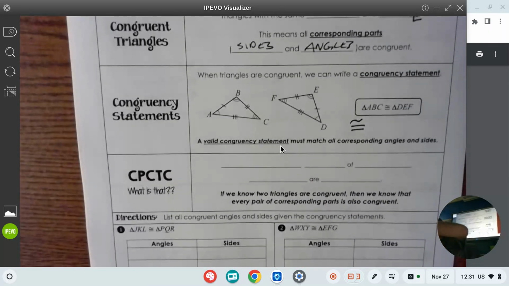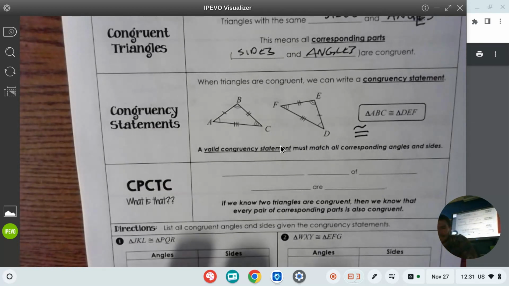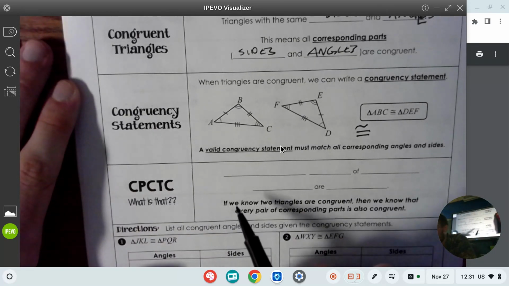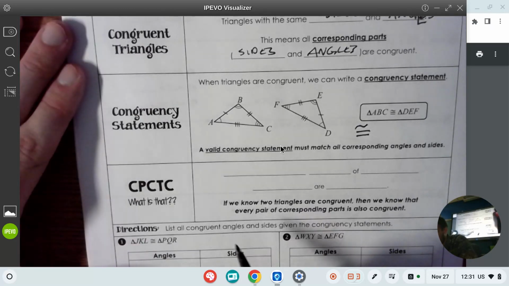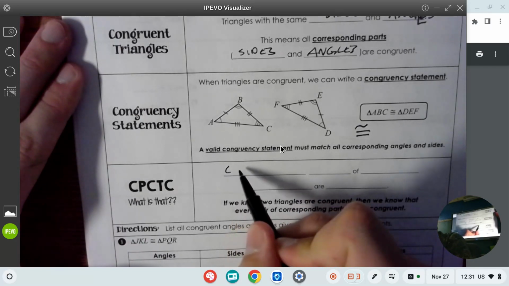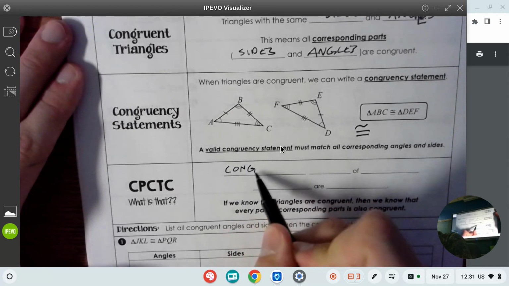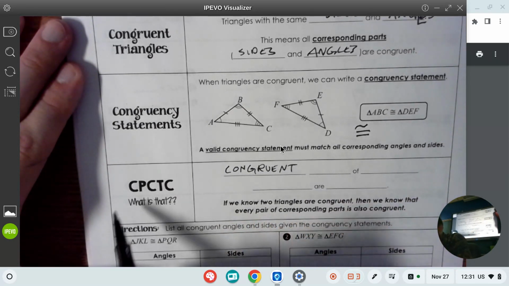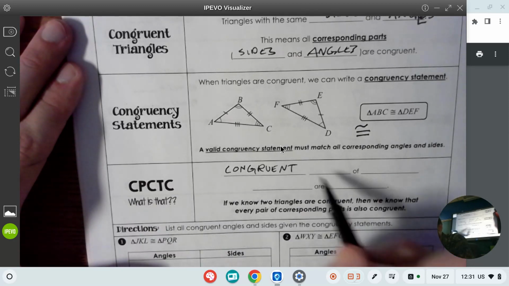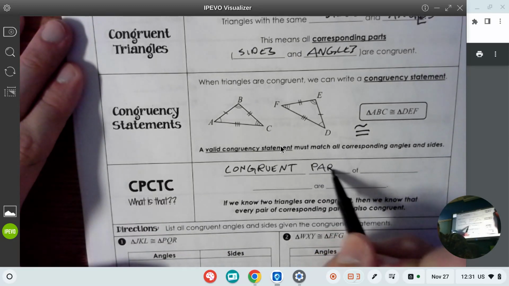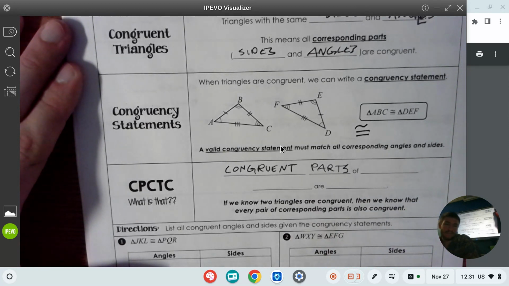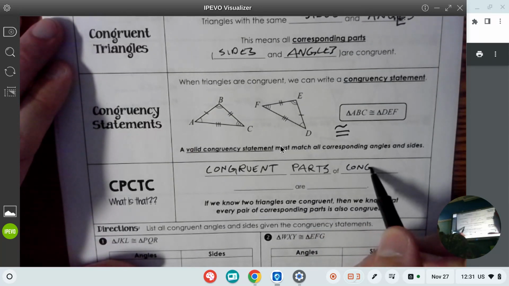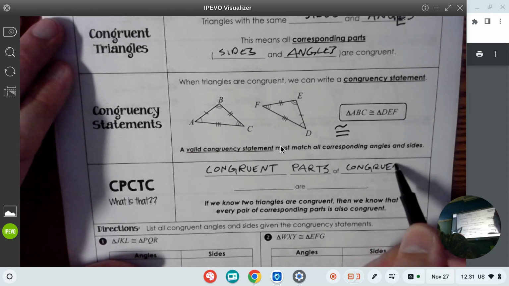down here to the CTCPC. I don't know whose idea this was to make that into some kind of thing, but here we go. CPCTC: corresponding parts of congruent triangles are congruent.